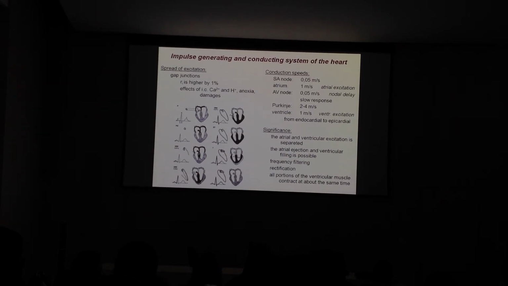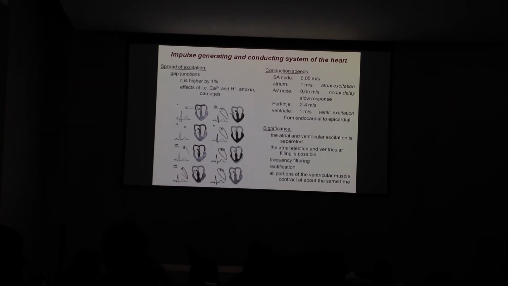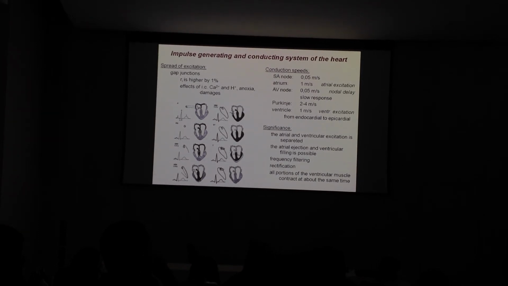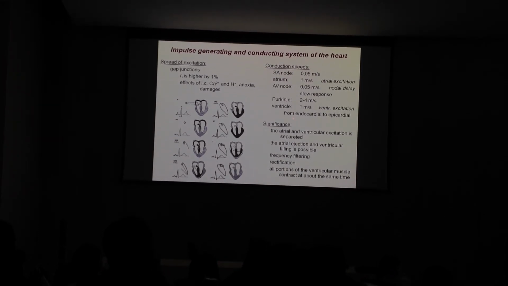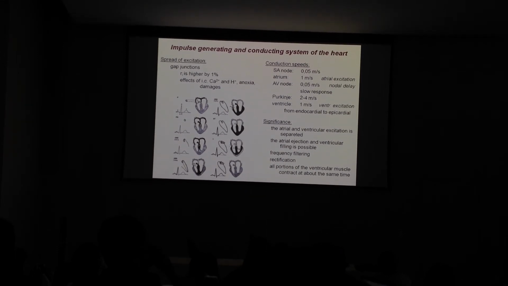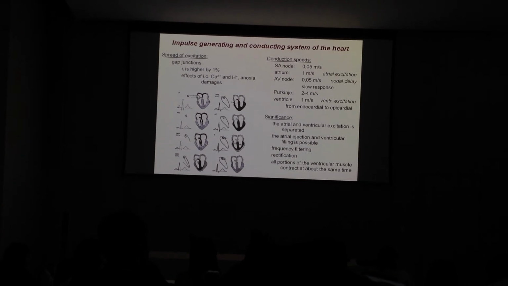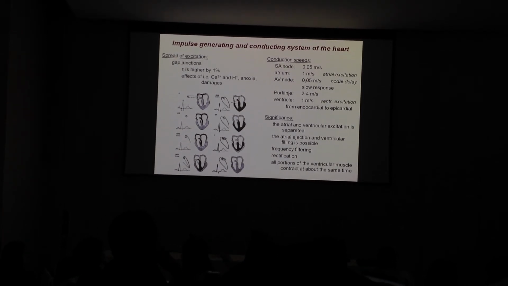Now, what is the significance of the AV node in lucky cases? The AV node has a frequency filtering ability and will not allow more action potentials through, just 70 in a minute.